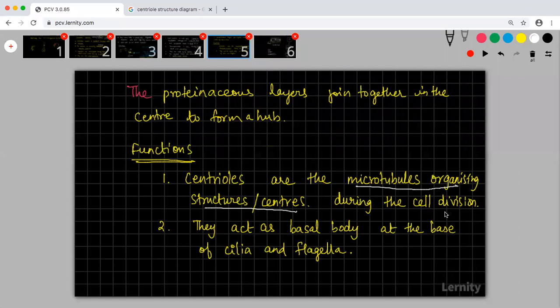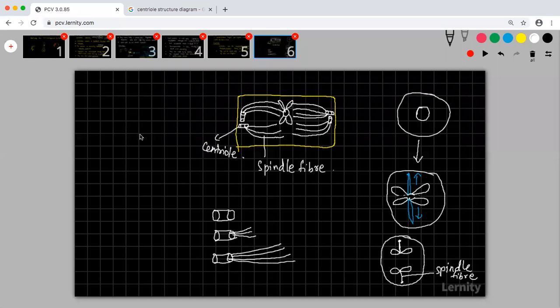So it will help during cell division. And the other role is that you have a cilia. Let us say that there is a cilia here. There is a basal body here. Who is the basal body? The basal body is the centriole.